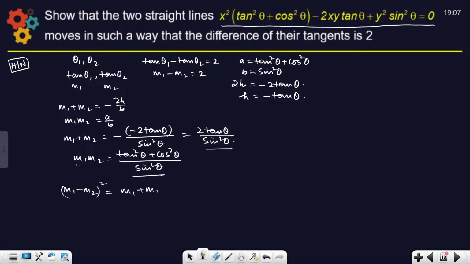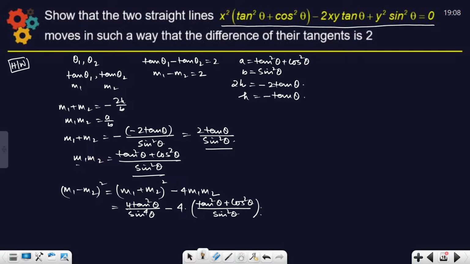So this is (m1 plus m2) whole square. Now simply put those values. 4 tan square theta over sine to the power 4 theta minus 4 times (tan square theta plus cos square theta) by sine square theta.